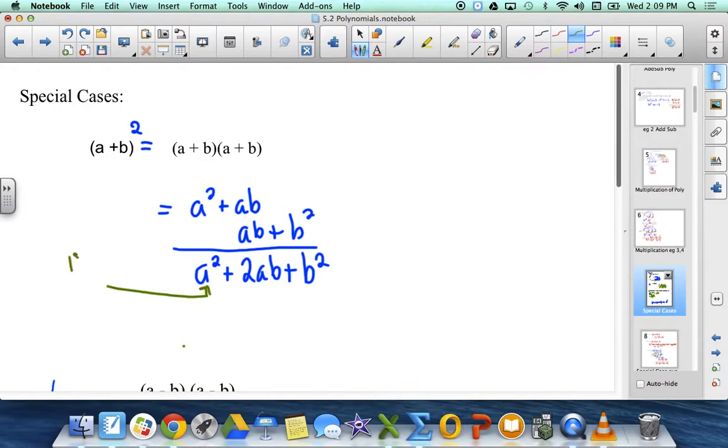This is always the first term squared, which is this one.